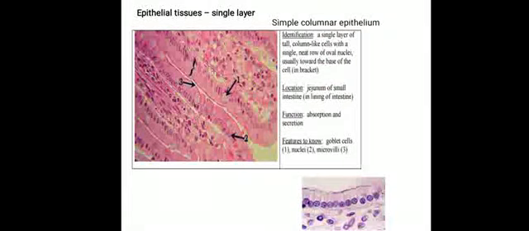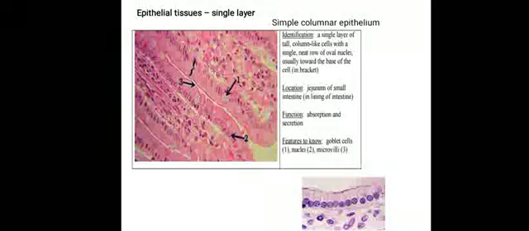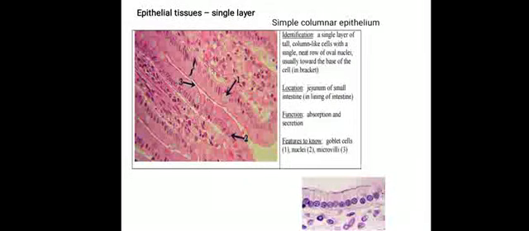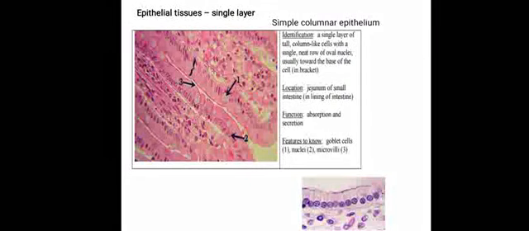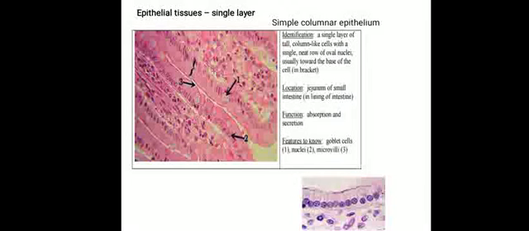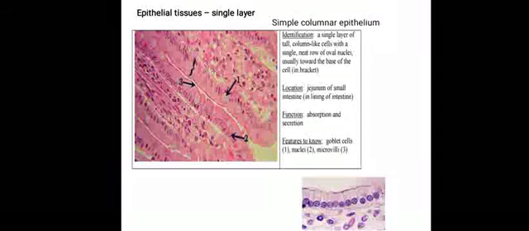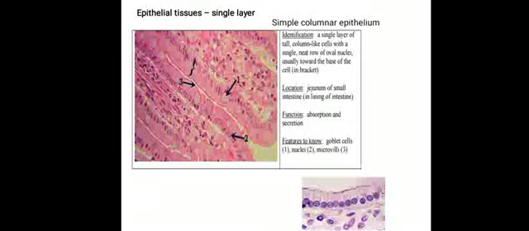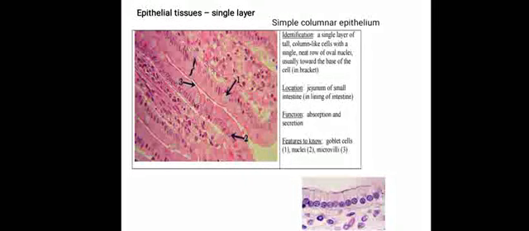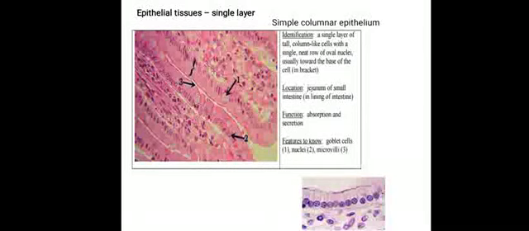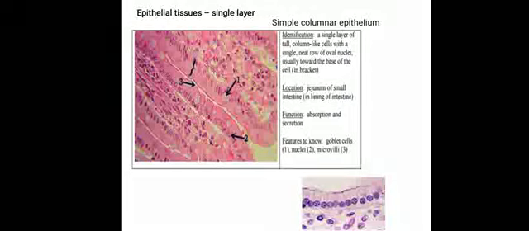Then we also have another one, simple columnar epithelium. These structures you are seeing now are more defined. Where can you see the simple columnar epithelium? You already know it consists of a single layer of tall columnar cells, rectangular-shaped cells.